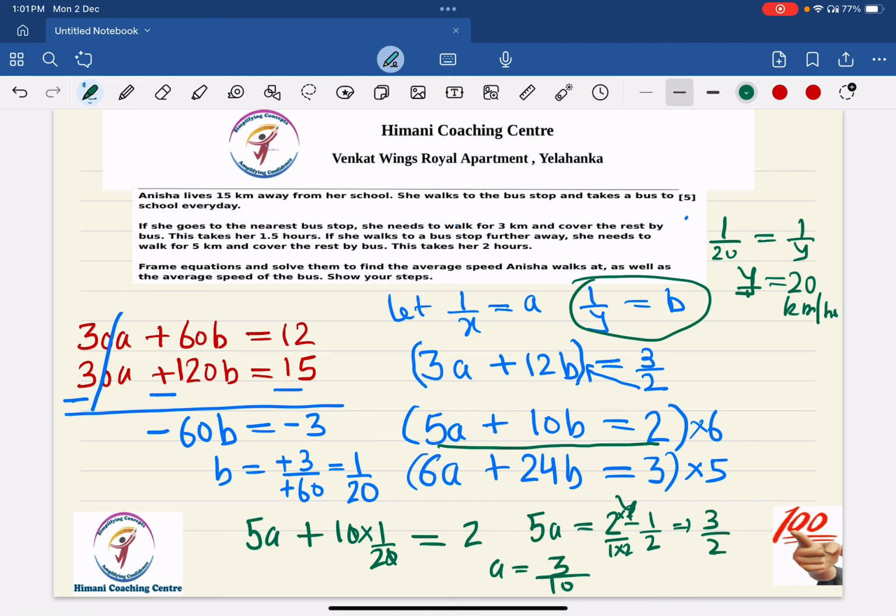Okay. Now this is speed of the bus. Similarly, we know 1 by x equals a. So 1 by x is equal to 3 by 10, and x would be what? Reciprocal of that. So 10 by 3 kilometer per hour. You can solve 10 by 3, you will get some 3.33 kilometer per hour.